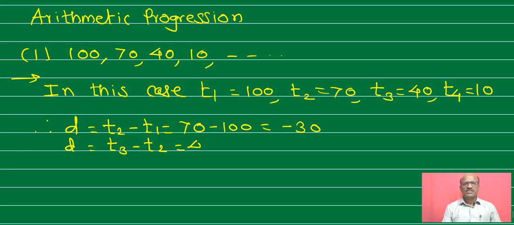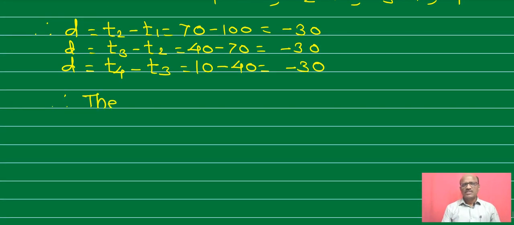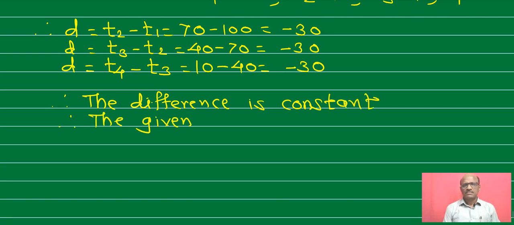D is equal to T3 minus T2, that is again 40 minus 70, minus 30. D is equal to T4 minus T3, that is 10 minus 40, minus 30. And in this way the difference is constant, that is minus 30, and therefore the given sequence is in AP.